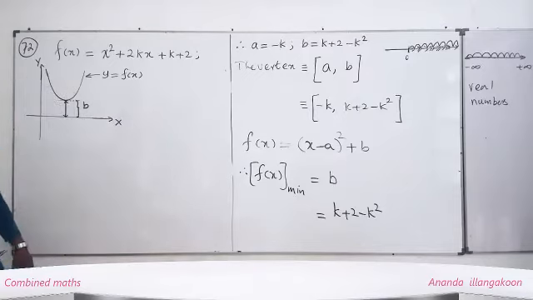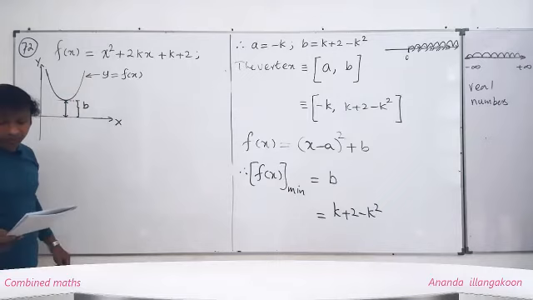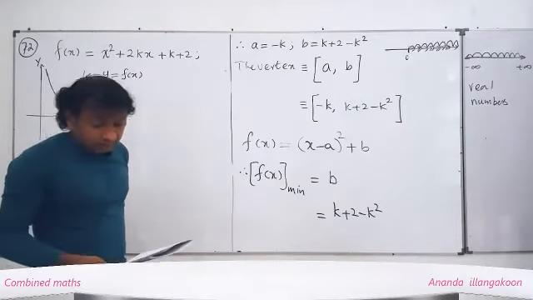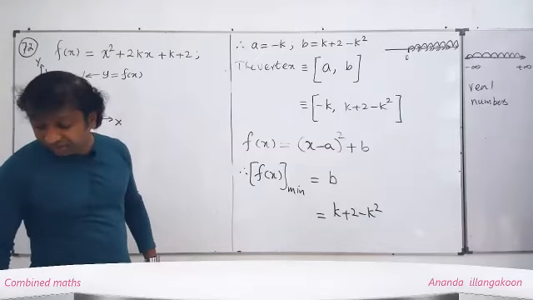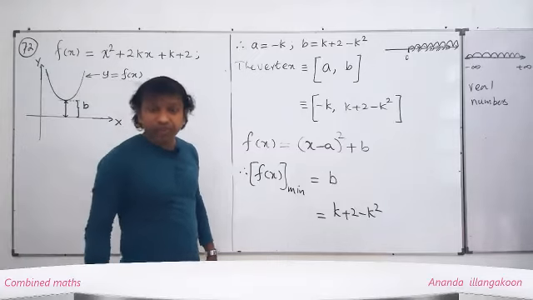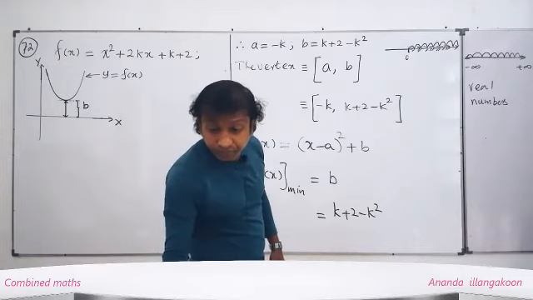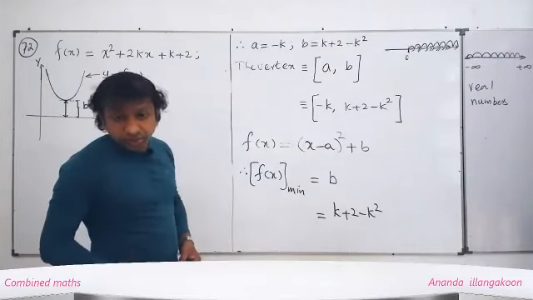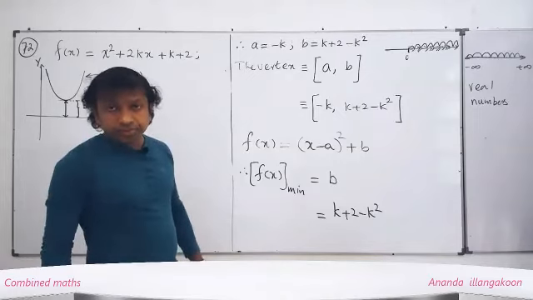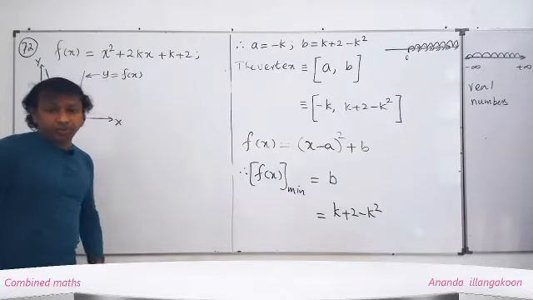Hence show that the curve y equals f(x), curve means graph, lies entirely above the x-axis if k is in between 2n minus 1. People can remember, this is an assumption, but the graph is minimum. That is obvious.